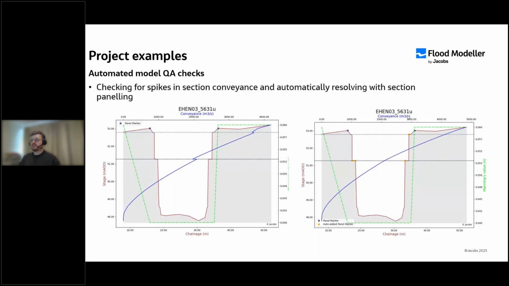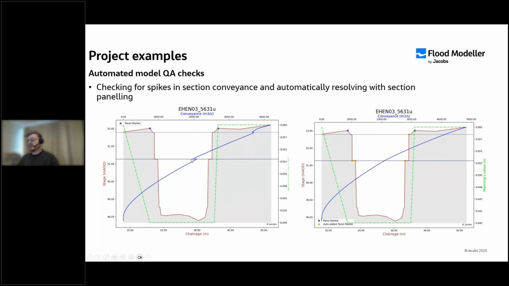Just some examples of these is one of them looking for spikes in cross-section conveyance. So with the API, you're able to basically iterate through every cross-section, have a look at the conveyance plot, and in this example, we actually create a plot of the conveyance for every cross-section, highlighting the points where there are these negative spikes.